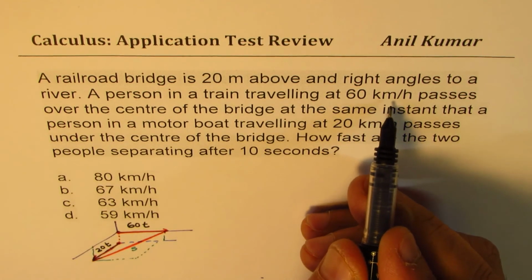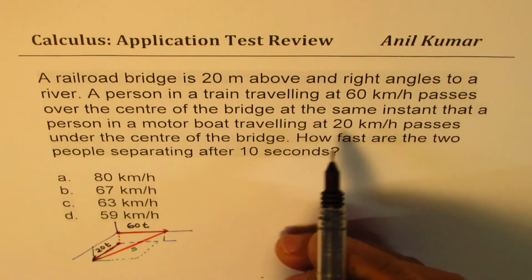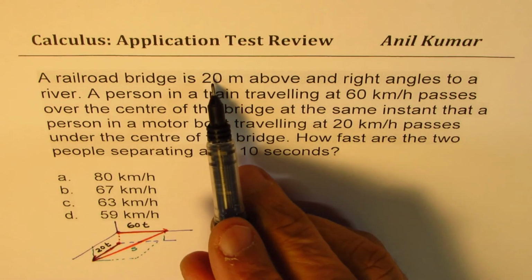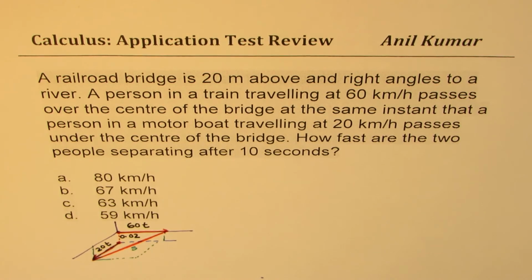All these units are in kilometers. Therefore, this height, which is given as 20 meters, I'll divide by 1000. So this height will be 20 by 1000, which is 0.02. Is it okay? That becomes the height, 0.02.